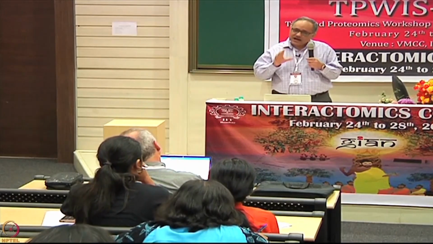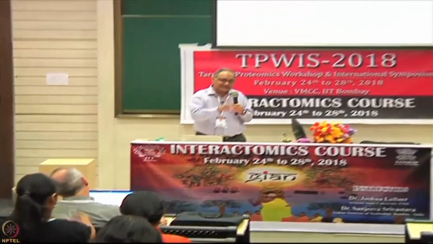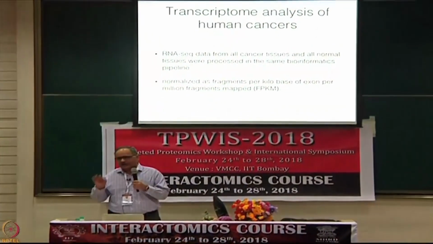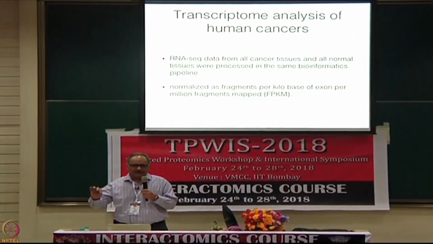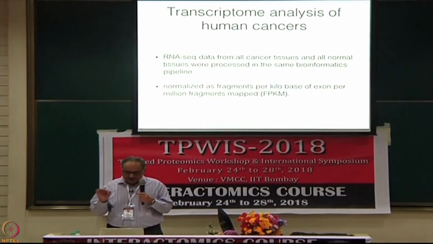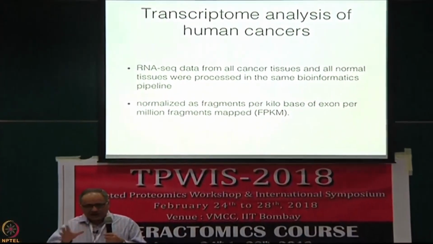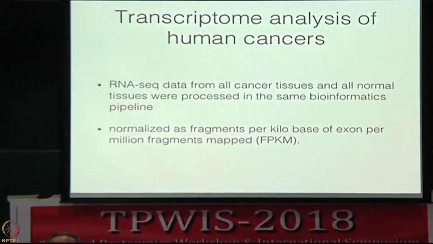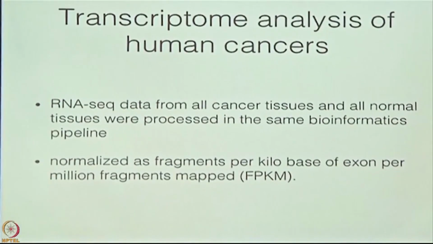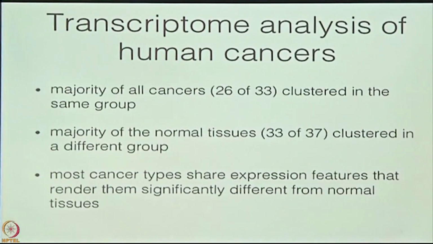And all the RNA-seq data, both from the cancer as well as the normal tissues, were processed in the same pipeline, and normalized according to the FPKM. So that was how it was expressed. When we looked at the data initially, majority of all the cancers, 26 out of 33 cancers clustered in the same group.